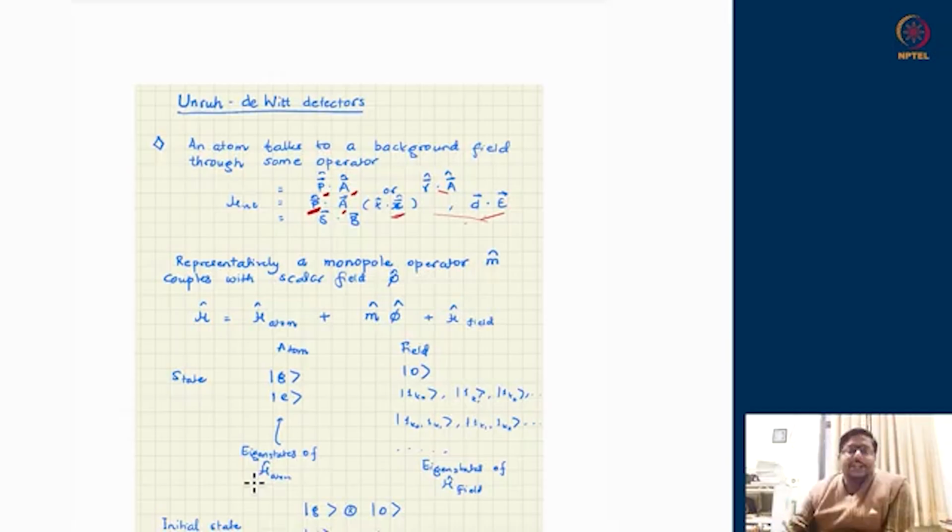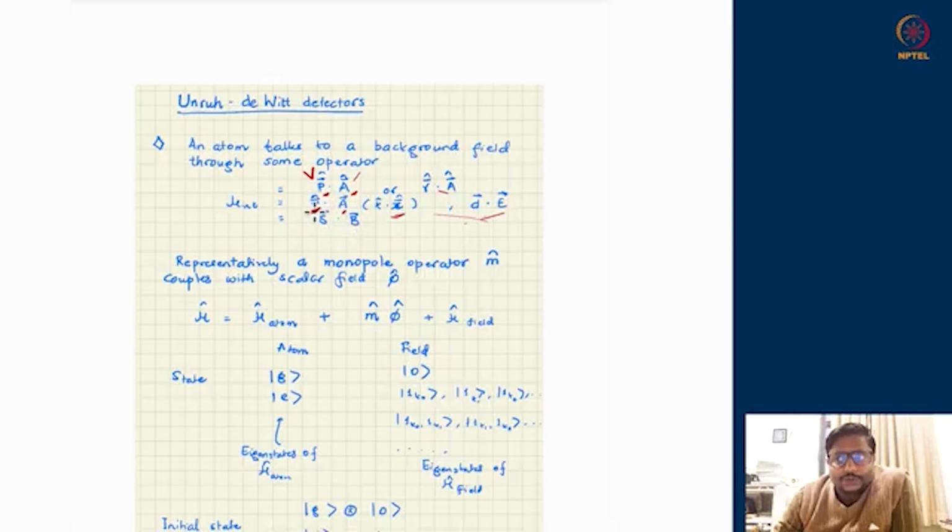So generically, most of the time, all the interaction terms are made up from one operator from the field side and one or more operators from the atomic side. Typically, we avoid writing more operators from the field side and one operator from the atomic side, because we want to discuss things in the limits where the background fields are not very strong.